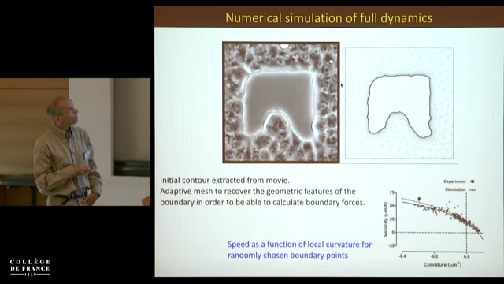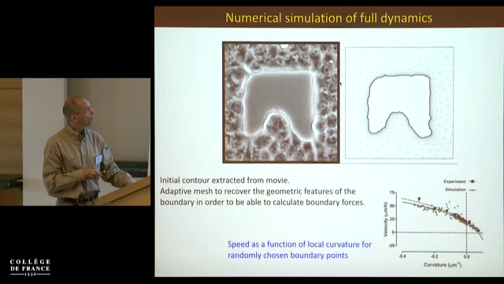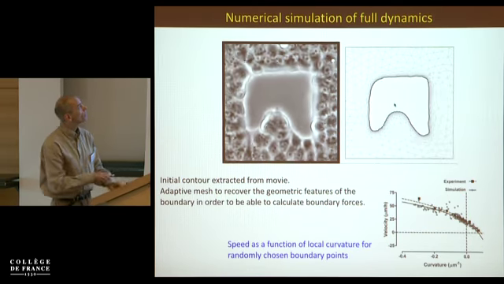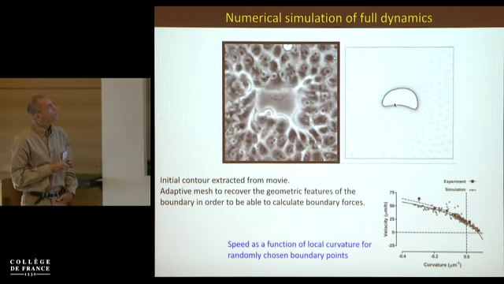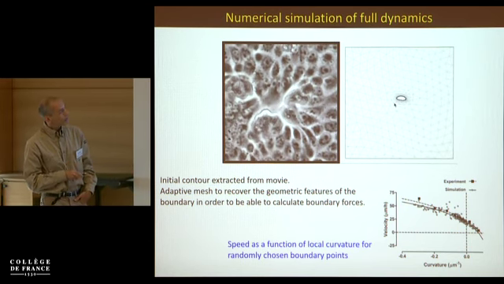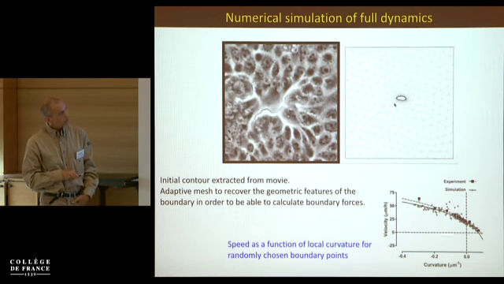And here are the simulations of our models. So essentially we make the model run from the initial contours, and we can see that it reproduces the experiments in a nice way, even visually. And then to actually do the comparisons, we do curves of the normal speed of the boundary as a function of boundary curvature.